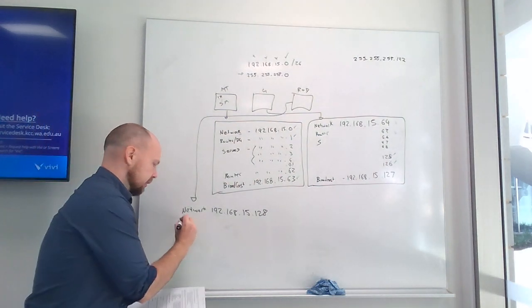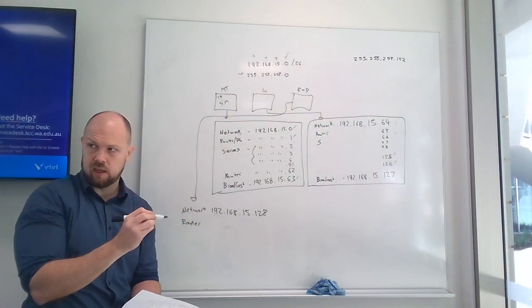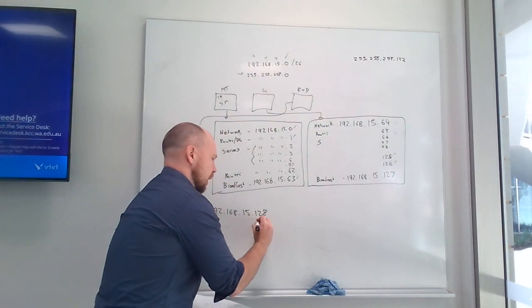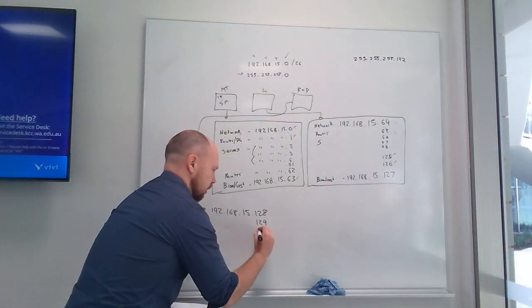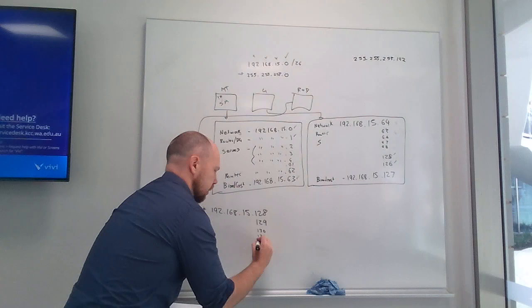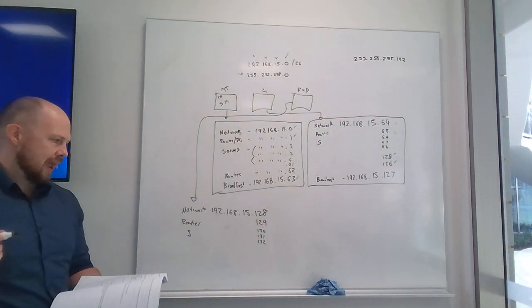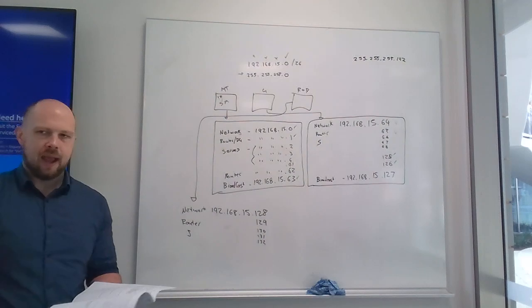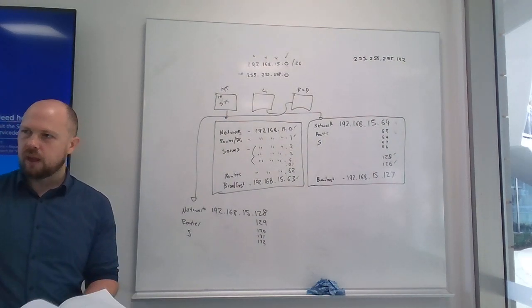Then we'd have our router. And hopefully this is getting tedious now that you're seeing, yeah, I get it. Next one will be 129 for router. Then you have your servers, which are going to be 130, 131, 132. And then where would that end? I mean, what would be the end of that one? Well, if we add 63 to 128, I think we get 191.